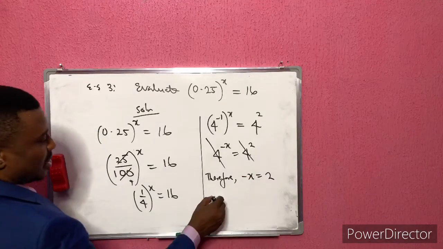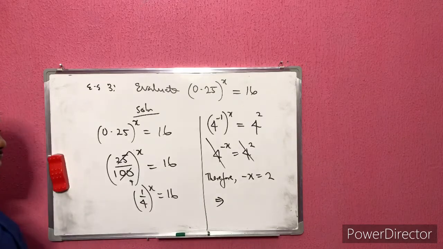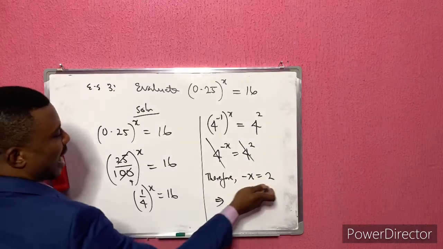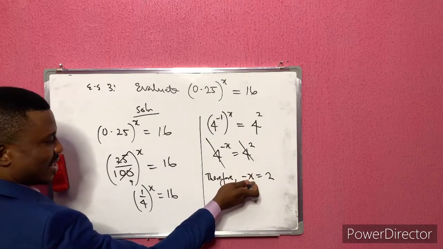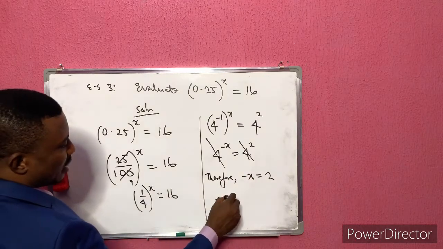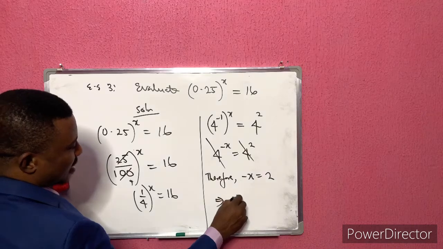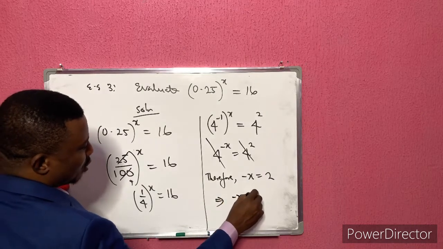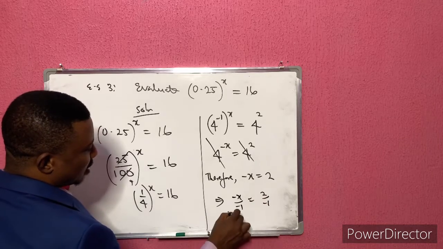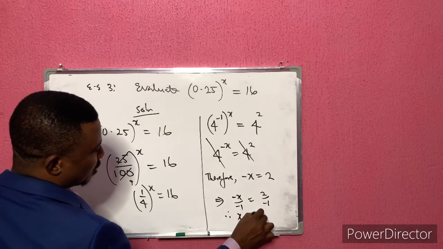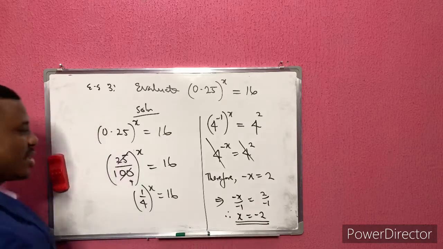Dividing both sides by minus 1 to make sure that x is standing alone, we have x equals minus 2 as our answer.